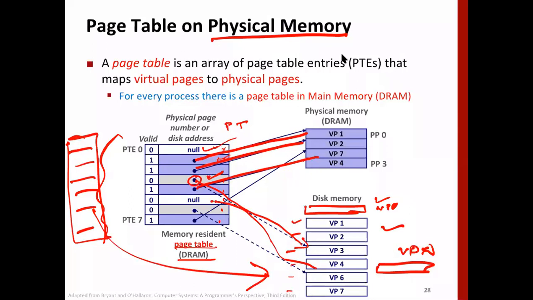So right now we will restrict our understanding to the fact that if there is something called swap space, all the pages that exist in the process are available in swap space. However, main memory or physical memory may not have all the pages, and this page table contains this mapping. And if something is not there in main memory, it is brought from swap space. That's all the understanding is.